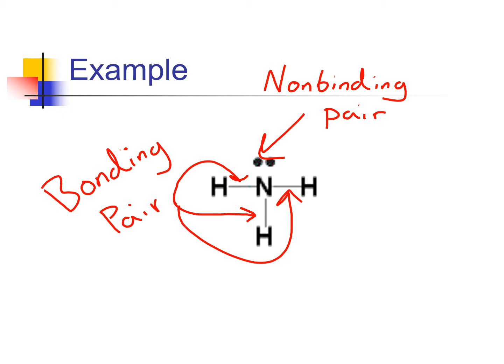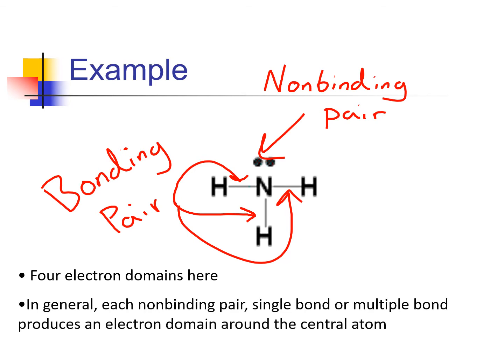There are 3 different bonds, and each bond gives us 1 electron domain. The non-bonding pair gives us an electron domain. So this is a total of 4 electron domains. In general, every non-bonding pair and every bond, or multiple bond, produces 1 electron domain.